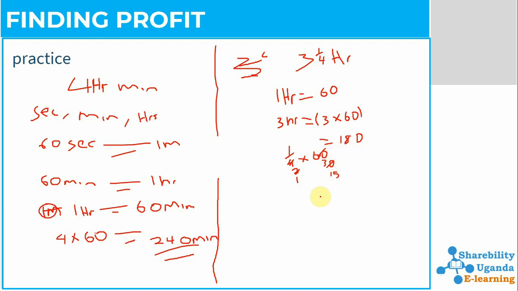So here we shall be able to say 3 hours is 180 minutes, then plus the 15 minutes. So here we shall be able to come up with 195 minutes.